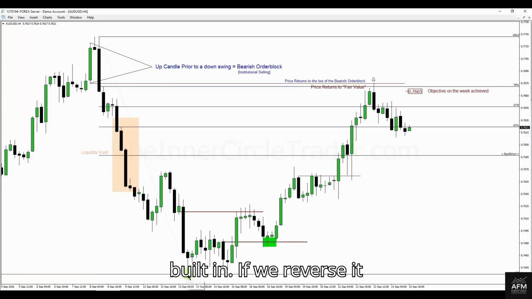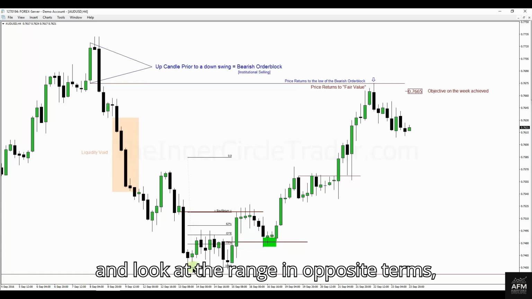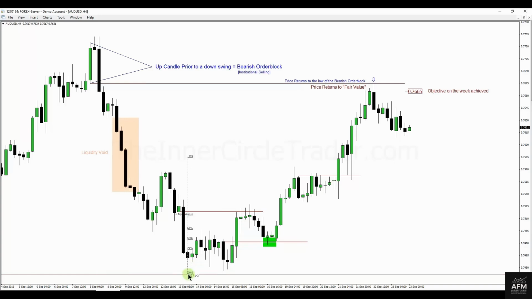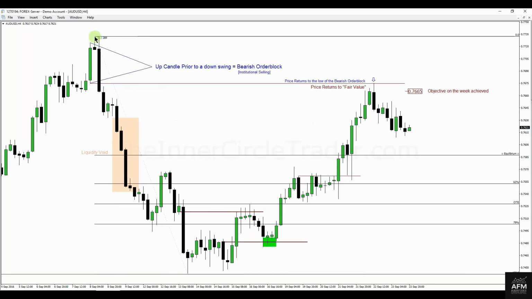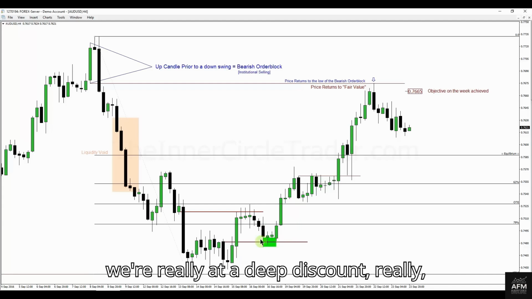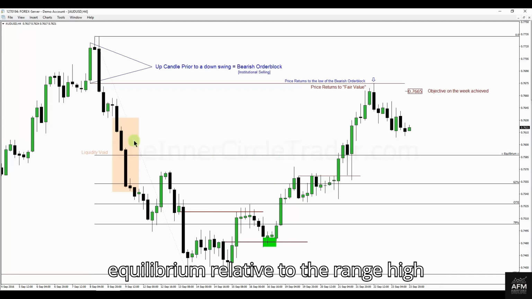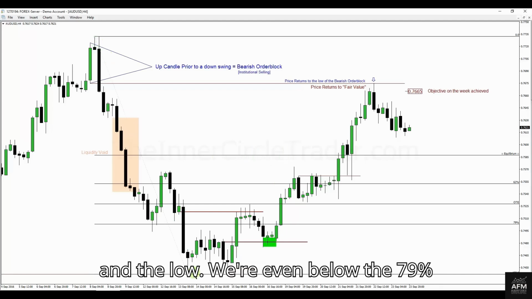If we reverse it and look at the range in opposite terms, defining it from low to high, we're below the 79% retracement level, so we're really at a deep discount, because we're below equilibrium relative to the range high and the low.